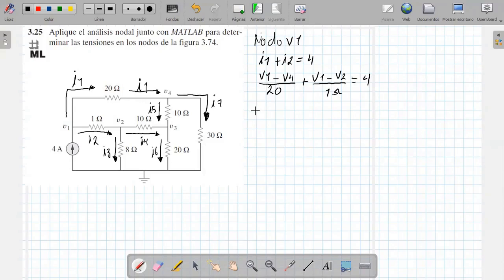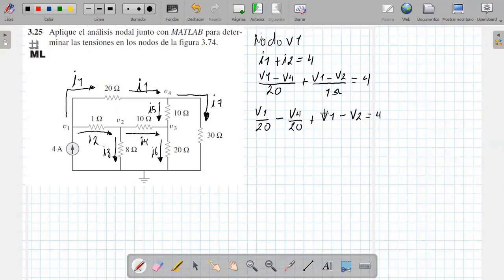So, if I separate the variables, V1 over 20 minus V4 over 20, plus V1 over 1 minus V2 over 1, equal to 4.